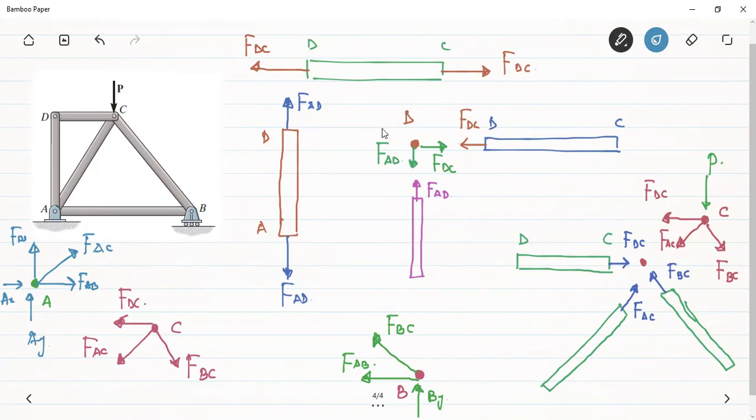So if there are only two unknowns, then I can use the two equilibrium equations and get the values of FDC and FAD. And so on, I will go on looking where there are only two unknowns and use the equilibrium equations on those joints. This will all be clear from the examples which follow now.